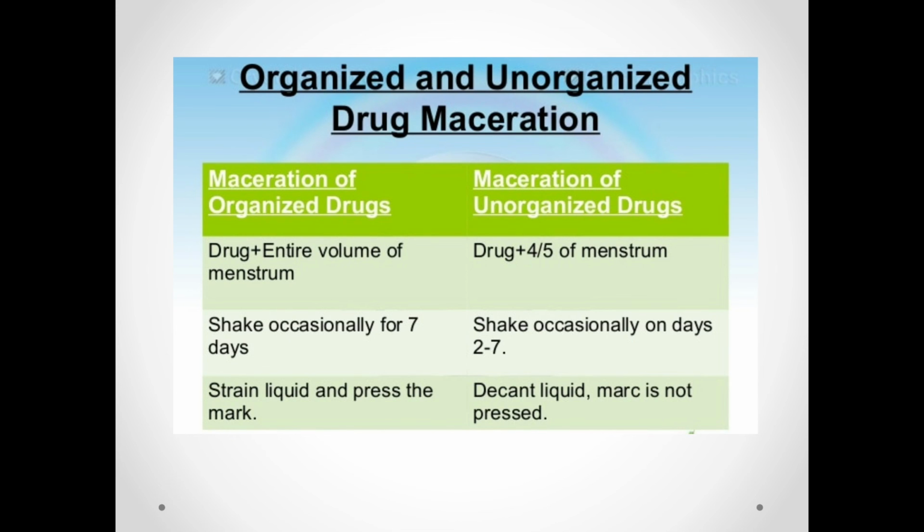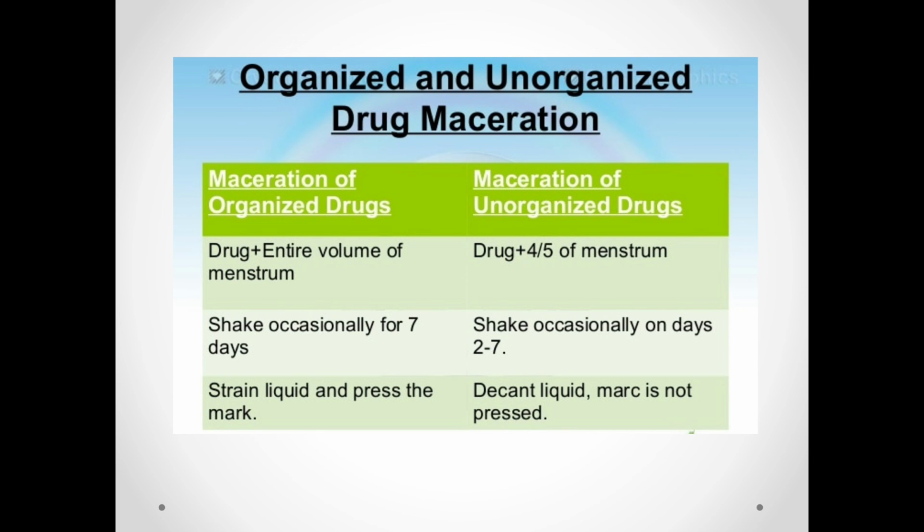The next slide is related to organized as well as unorganized drug maceration. So maceration of the organized drug means drug plus entire volume of the menstruum, and maceration of the unorganized drug is one in which the drug is extracted with 4/5 portions of the menstruum. Then in maceration of the organized drug, the drug is shaken for 7 days.